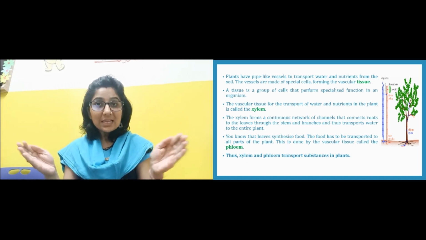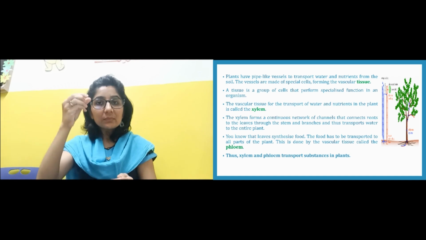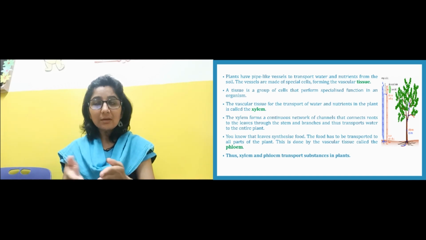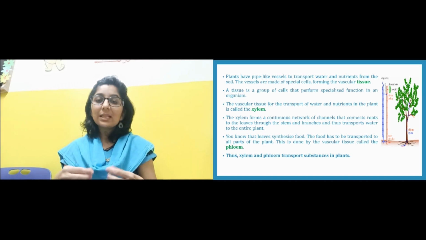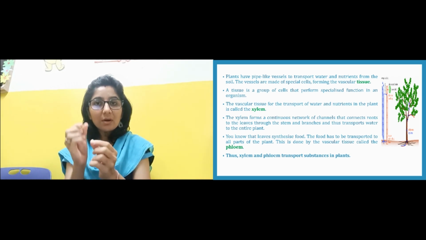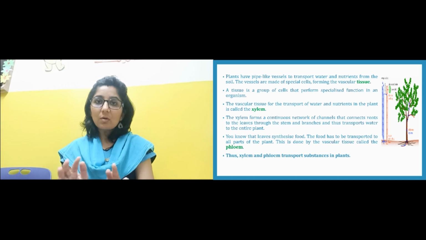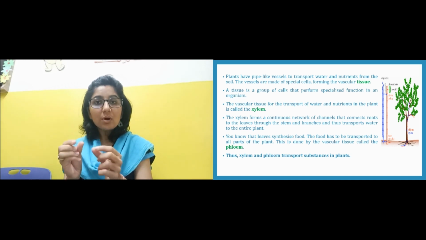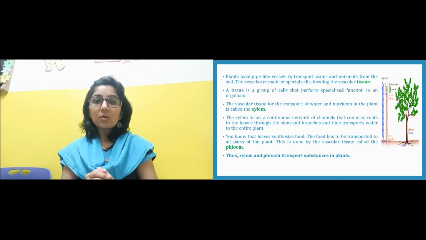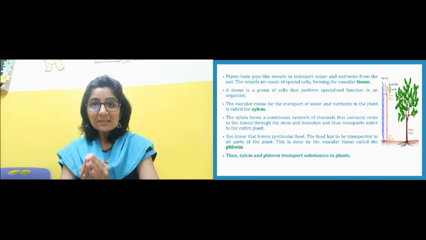Here the cells have combined together and formed a tissue which we call the vascular tissue, and it is working on a task. Hence they are specialized cells to do a function, and so they are called a tissue. This vascular tissue will transport the water and minerals in the plant. What is it called? It is called the xylem.